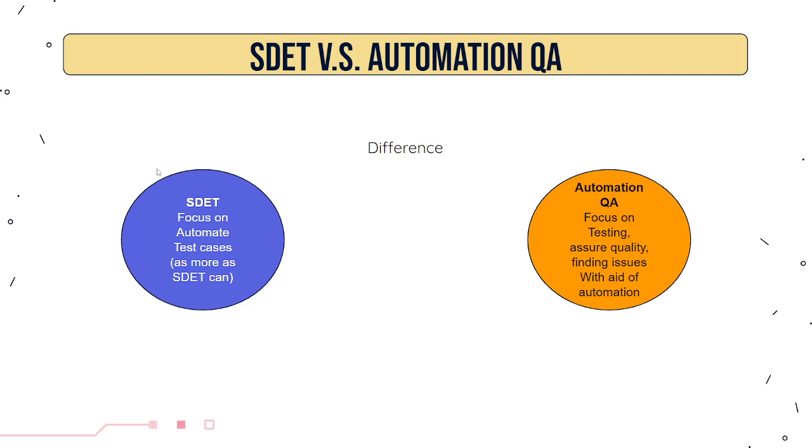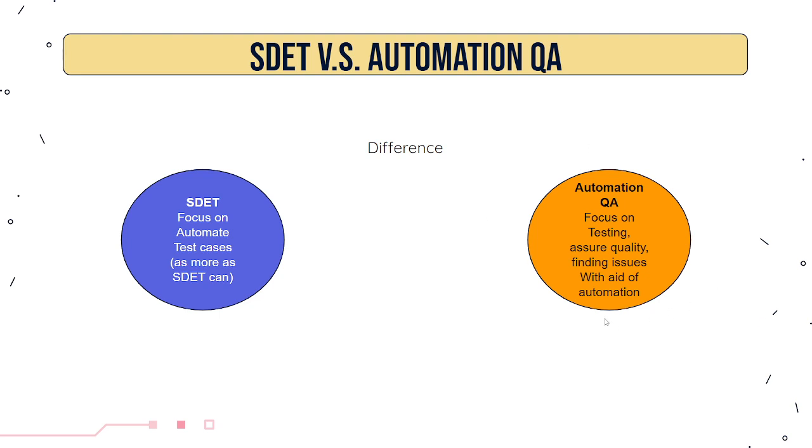But the SDET's focus is still to automate as many test cases as they can, such as 80% or 90% test coverage, based on the characteristics of the test cases. And how about automation QA?